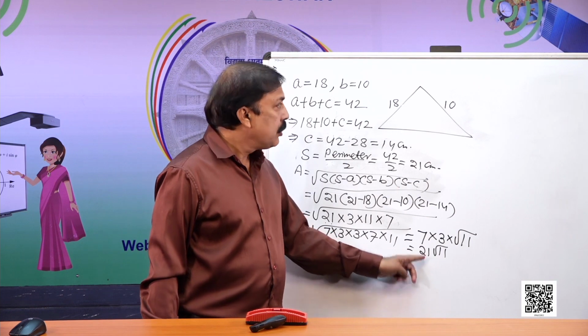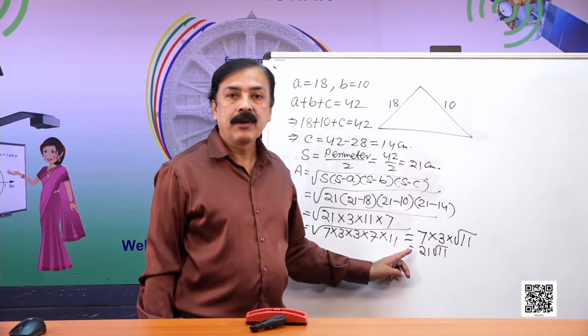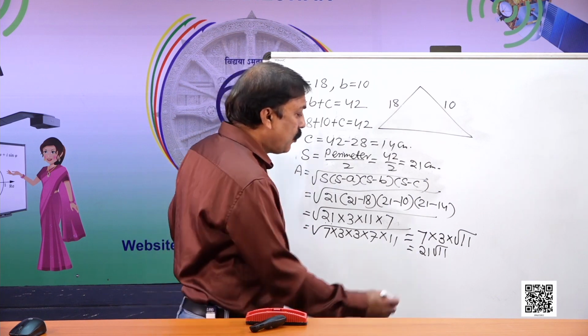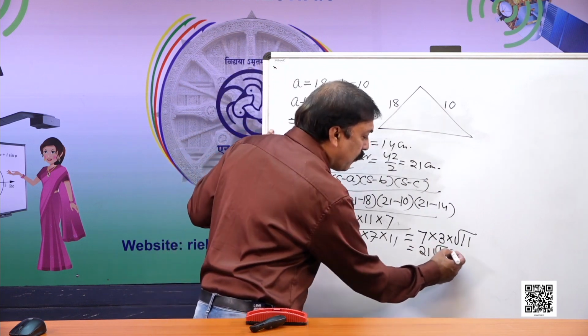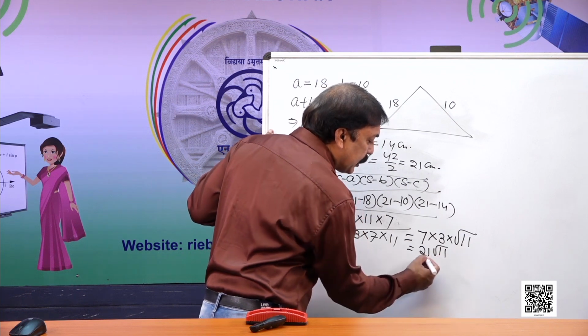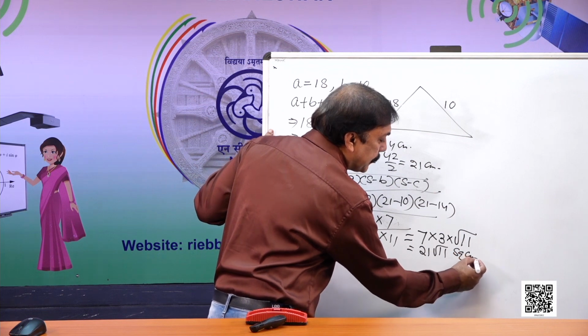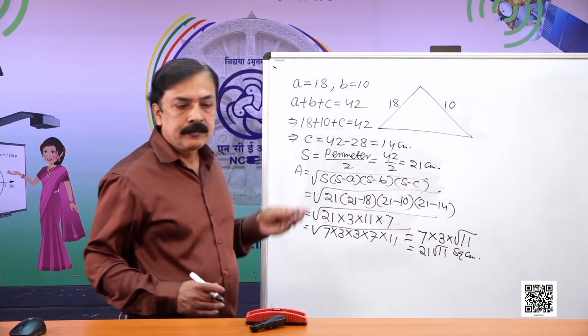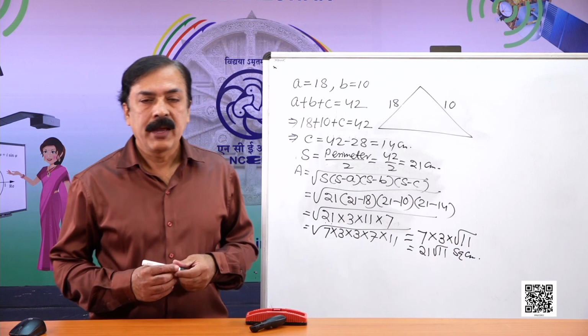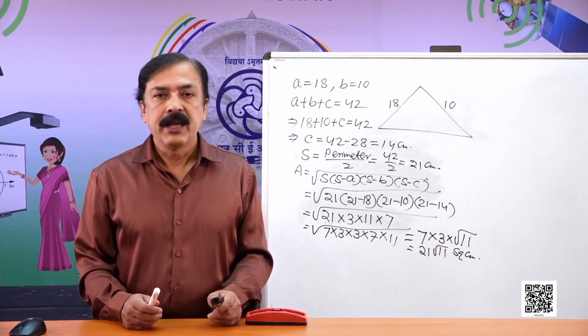So the area of this triangle is 21 root 11 square centimeter. So by using Heron's formula we can easily find this area.